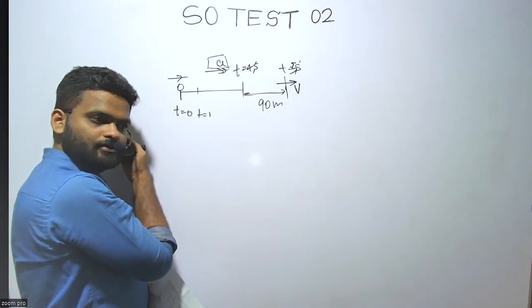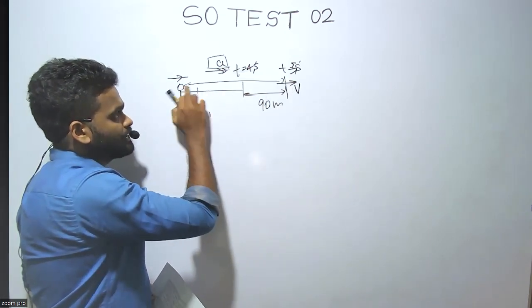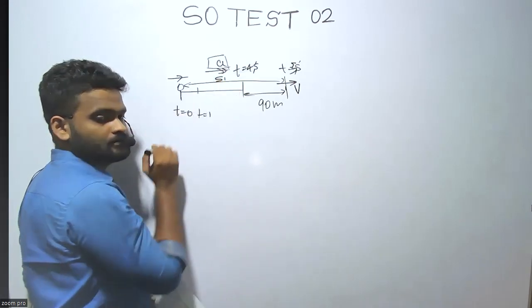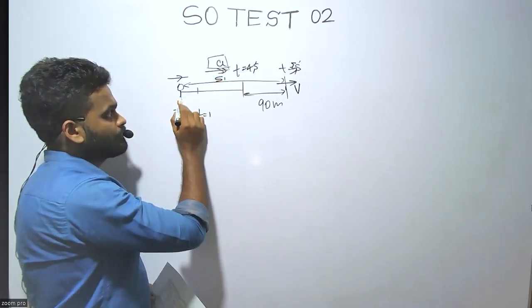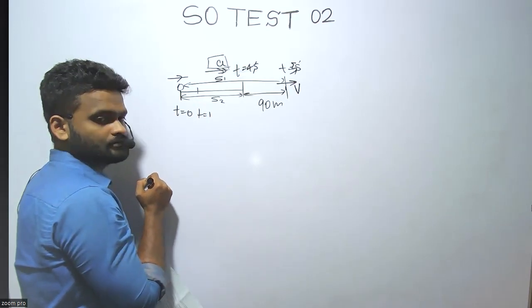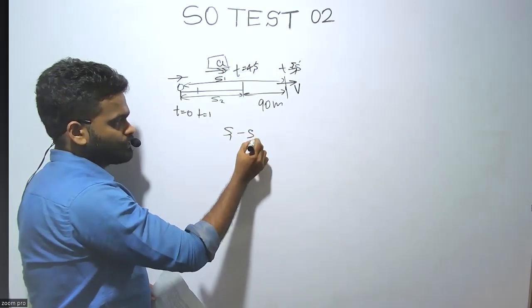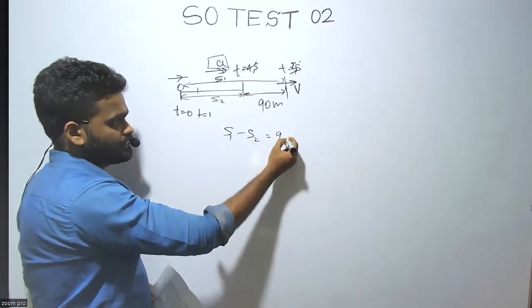So first, let's say from here to here the distance is s1. From here to here the distance is s2. I need to involve this 90 meters, right? That's why s1 minus s2 is equal to 90.